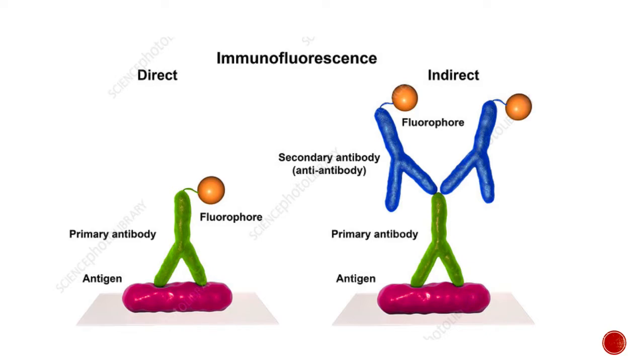So directly we can count the amount of fluorophore present in the primary antigen antibody complex. In indirect, along with the primary antibody, we use a secondary antibody with the fluorophore. In direct only the primary antibody is used, and in indirect the secondary antibody is also used.